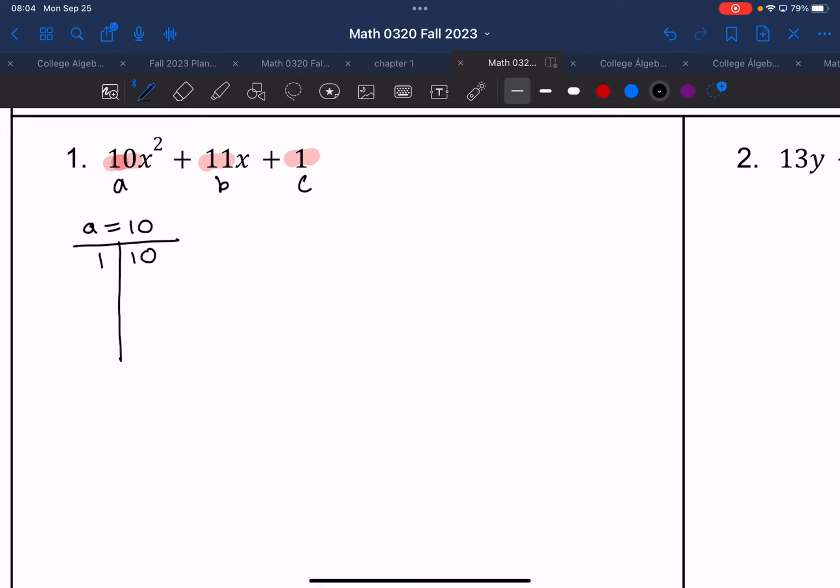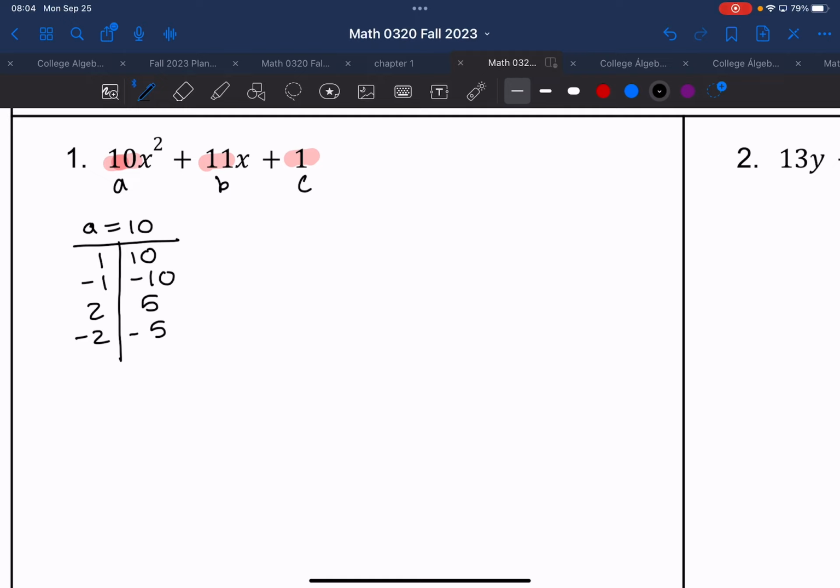Or we could do the negatives. Negative 1 times negative 10 will give us positive 10. Any other factors? 2 times 5. There's one more. Good. Negative 2 times negative 5. We always look at our positive ones and our negative ones.